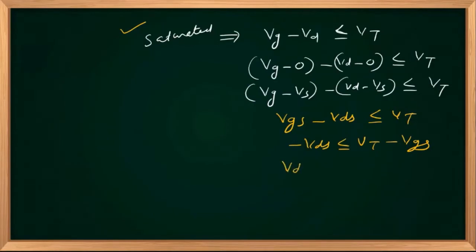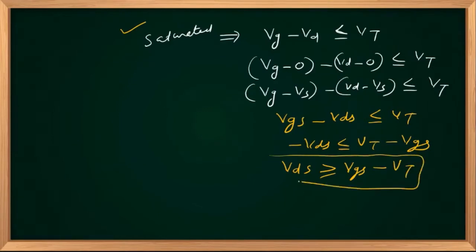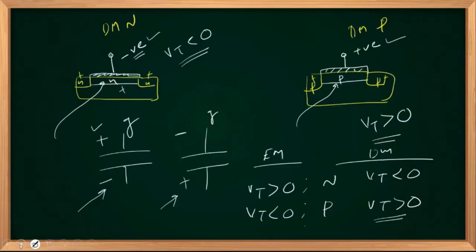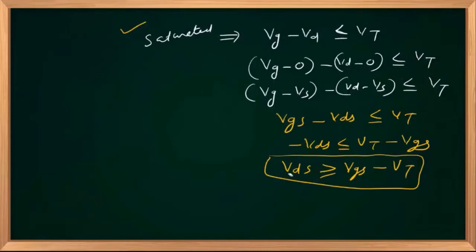So minus will become plus VDS, less than or equal to will become greater than or equal to, VT will become minus VT, and minus VGS will become positive VGS. So this condition I can write in a better manner, the Vg minus Vd equal to VT condition. That is also right. I can write it, based on the result, as VDS equal to VGS minus VT, right?